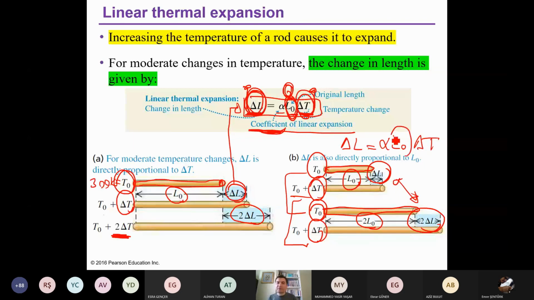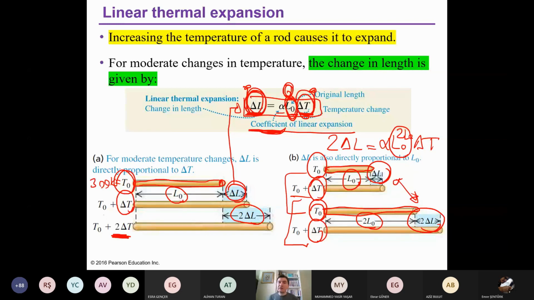If you have 2 L0 here, then here you will have 2 delta L. This is the linear thermal expansion. So due to the temperature increase, the material expands. If you decrease the temperature of the material, then it can shrink.